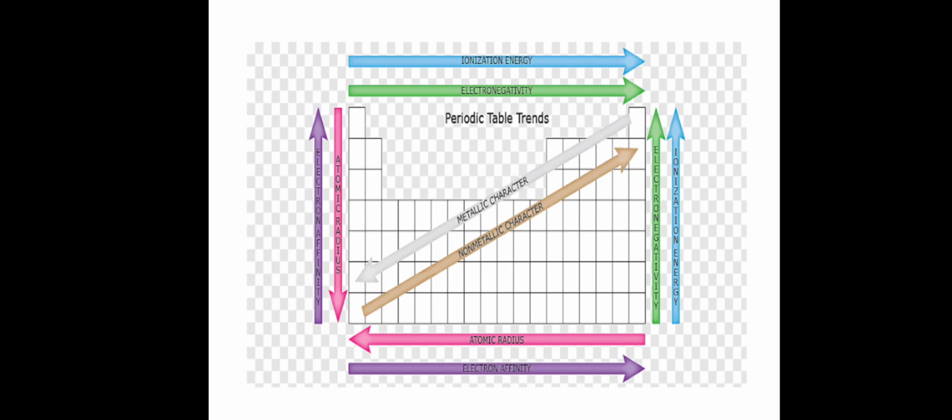Moving down the group, size increases. Ionization energy and electronegativity increase moving left to right and decrease moving down the group. Metallic character decreases moving left to right and increases moving down the group, while non-metallic character increases moving left to right.